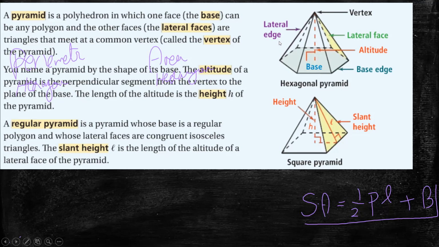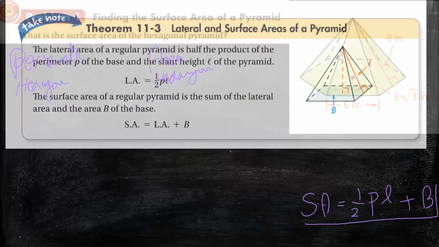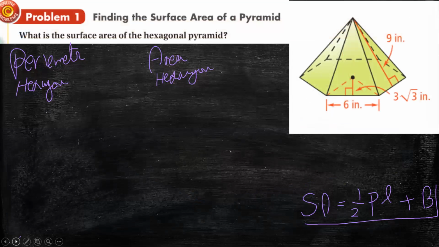So all the pyramids here are regular, and as they told me it is a regular pyramid, that means all the triangles and the base hexagon here are regular.